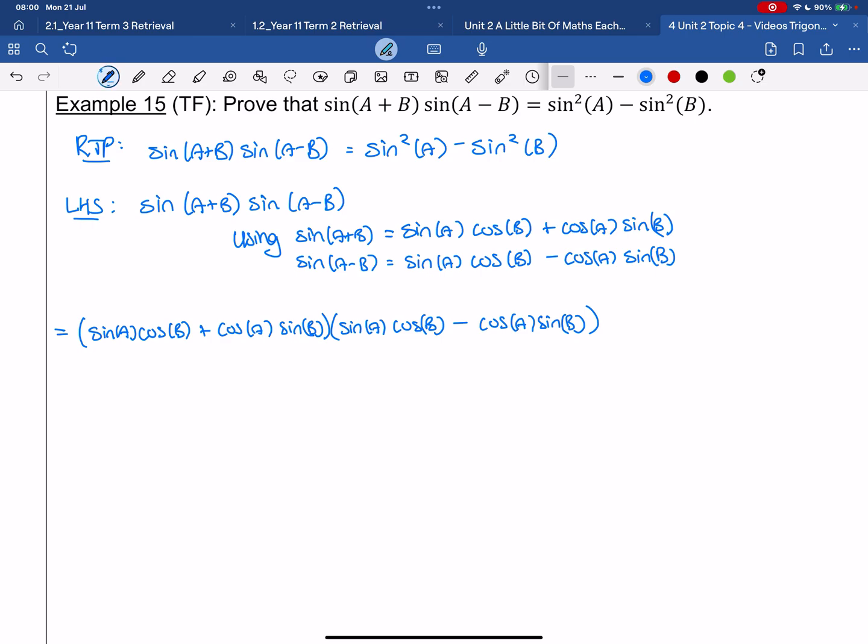Now, this is a sum and difference, so if you could see that immediately, you could go straight to your difference of perfect squares.